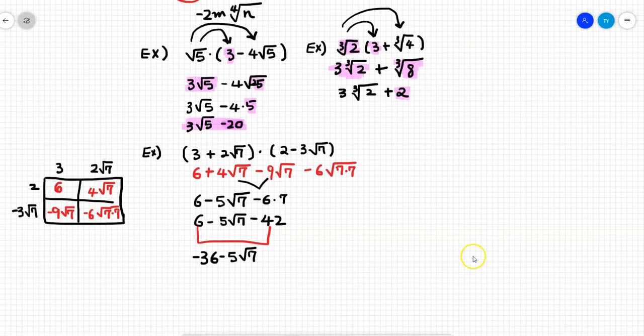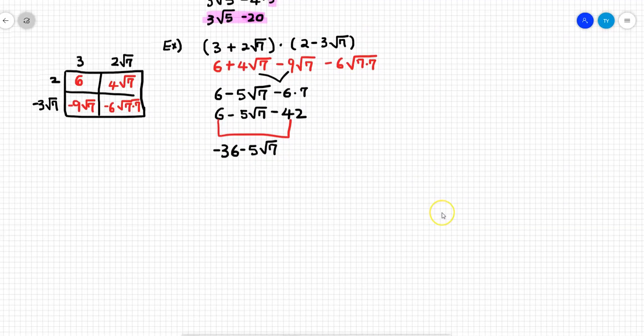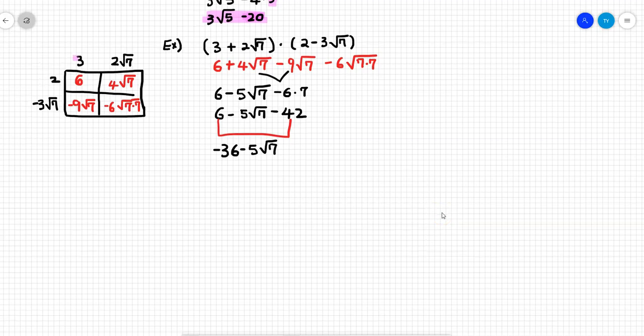If you're going to multiply two terms by one another, I want you to use the table. So here's 3, 2 square root of 7, and 2 minus 3 square root of 7. So 2 times 3, you get 6 over here. And 2 times 2, you get 4 square root of 7.